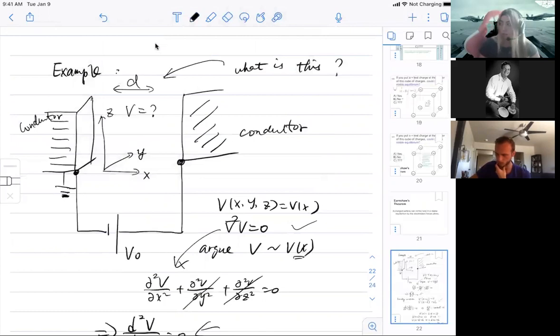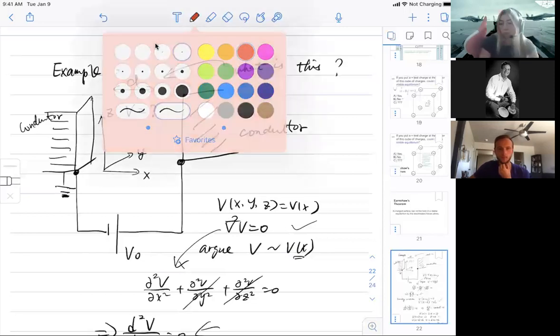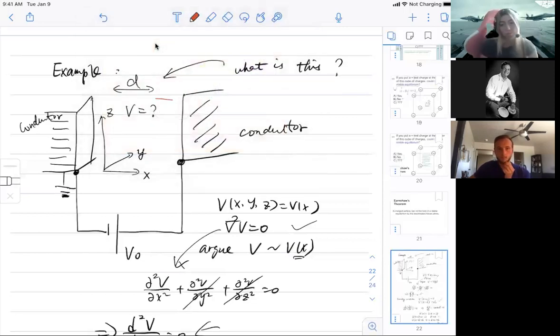It looks like a parallel plate capacitor, right? A large plate, and these large plates are infinite in the y and z directions. And you're looking for the change of your potential in the x direction, right? So this turned out just to be a capacitor with the E field pointing in this direction, right?